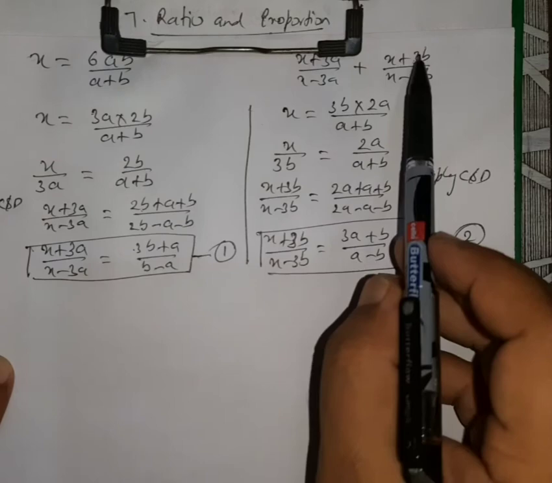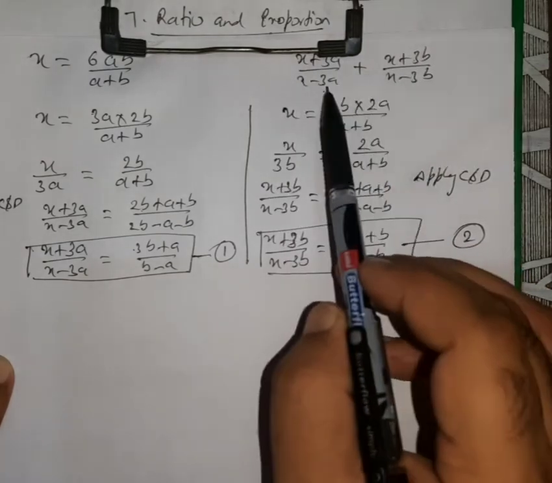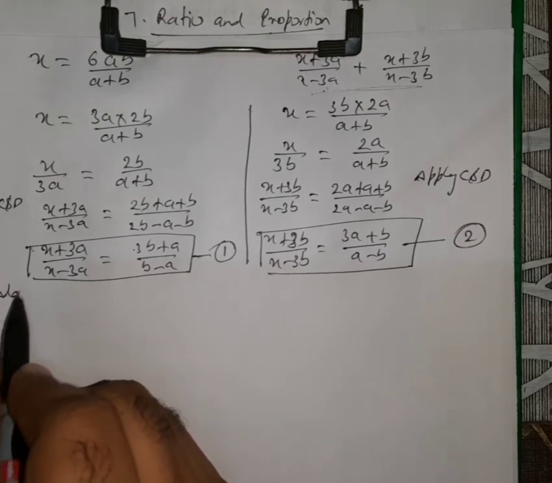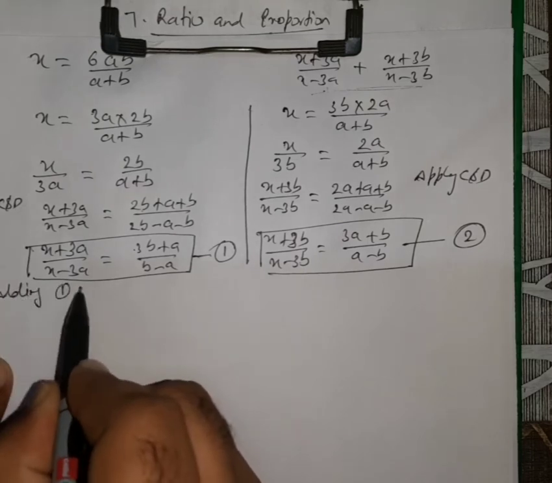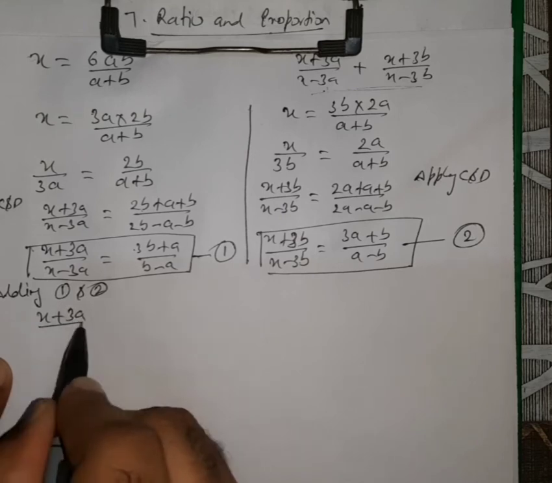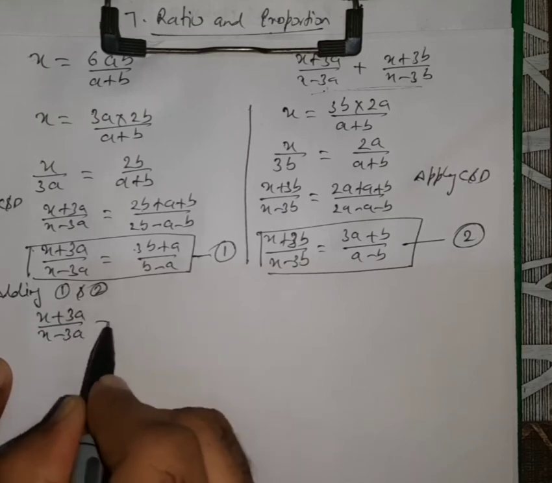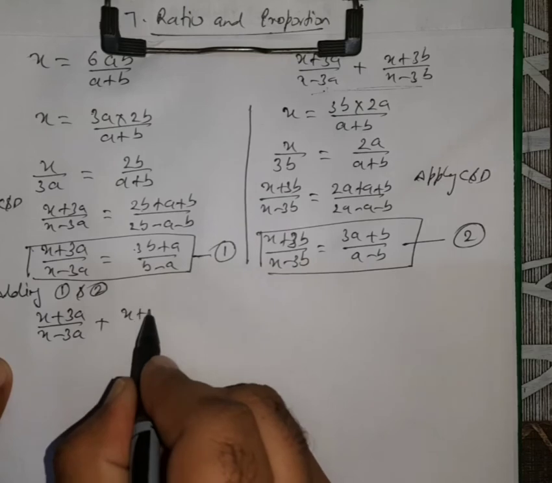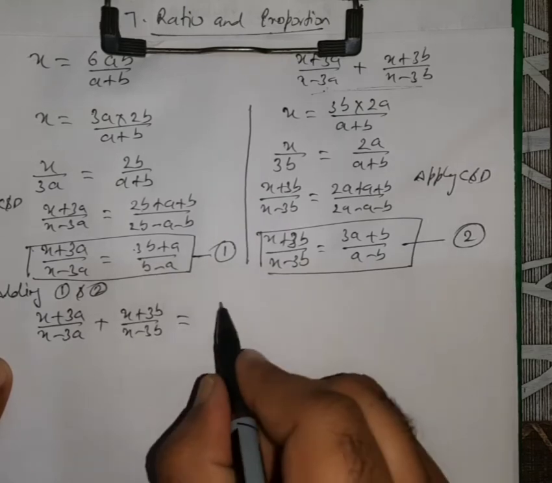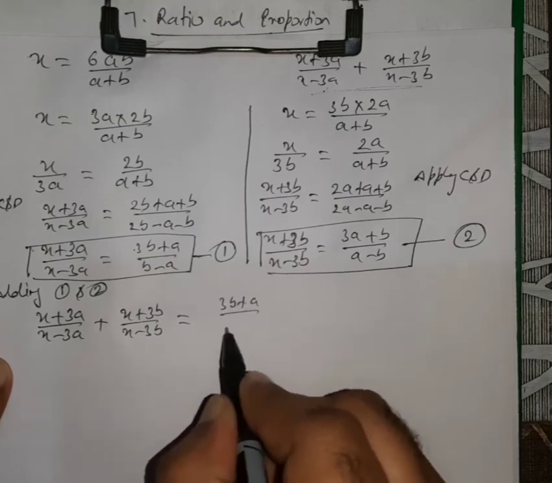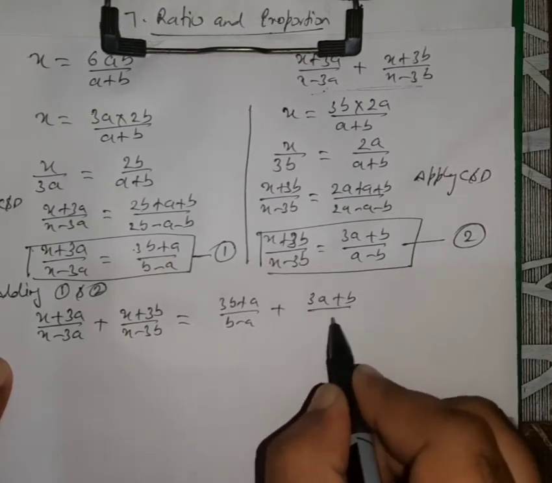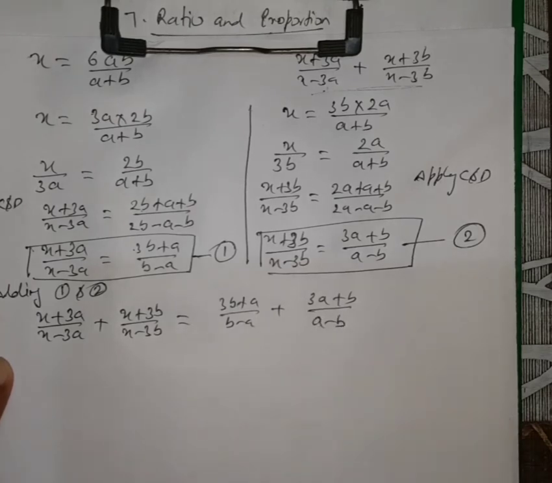So now in the values that we have to find, I'm adding first and second, then I will get this value. So now adding first and second. So this will give us x plus 3a over x minus 3a plus x plus 3b over x minus 3b, and on the right side we will get 3b plus a over b minus a plus 3a plus b over a minus b.